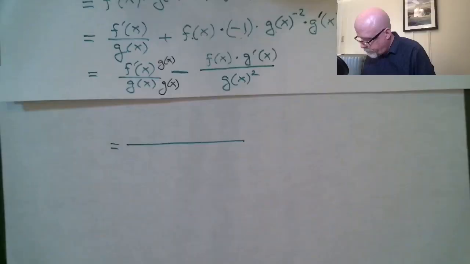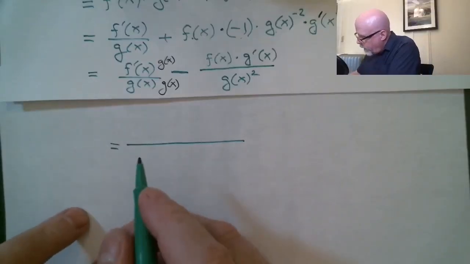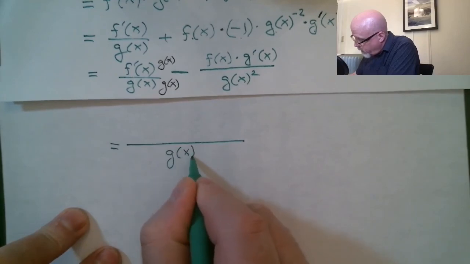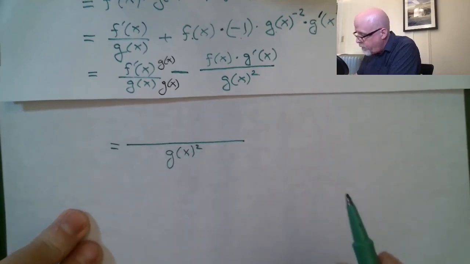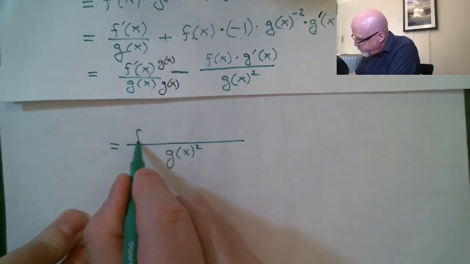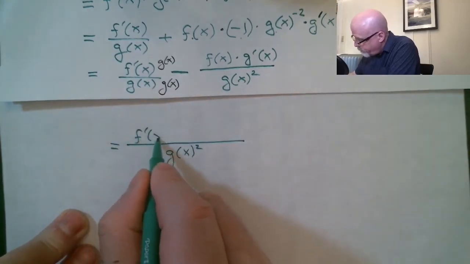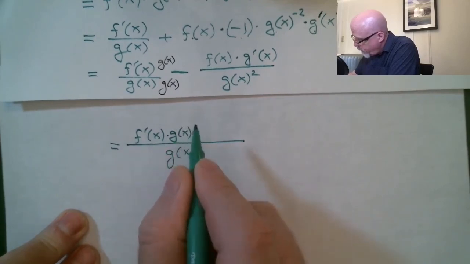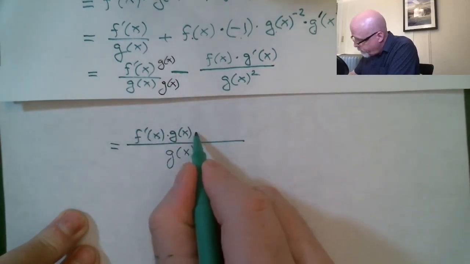That gets us, well, okay. g of x squared is the common denominator, so that's down below. In the numerator, we'll have f prime times g in the first term. And then it'll be subtraction.